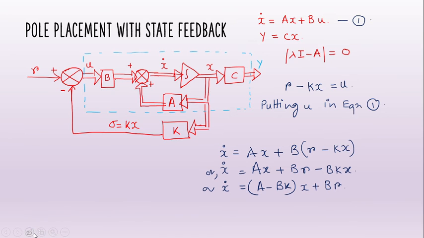This is the new system equation with state feedback. As you are taking the value of x, which is the state, and feeding it back to the system, this is called state feedback. So this is the new equation with state feedback.